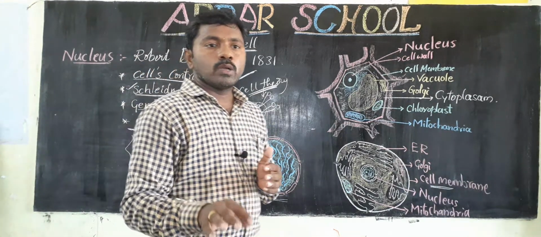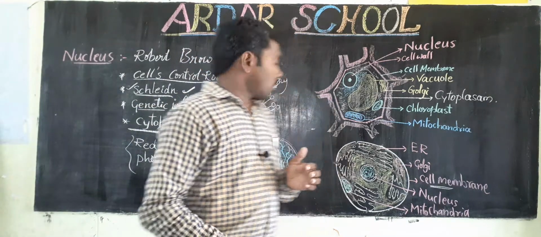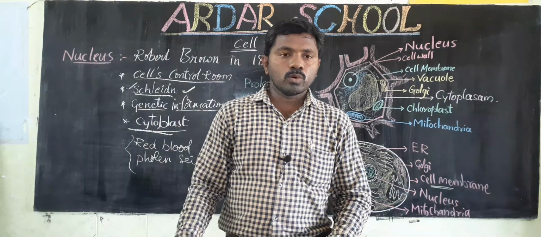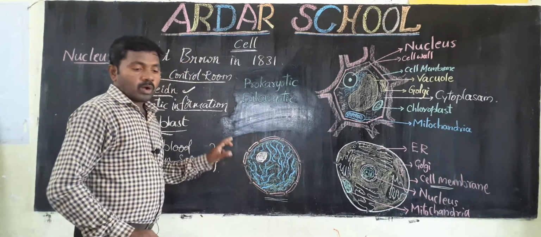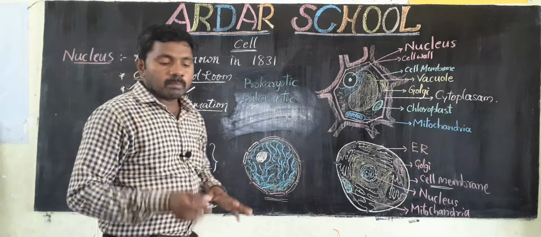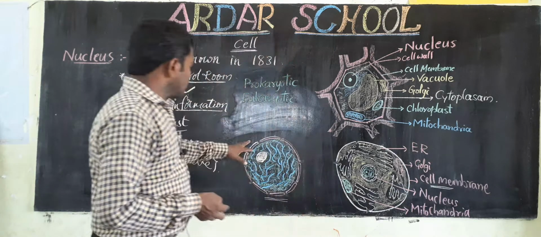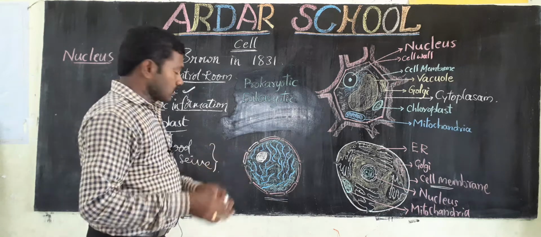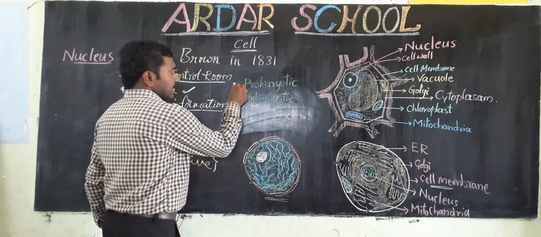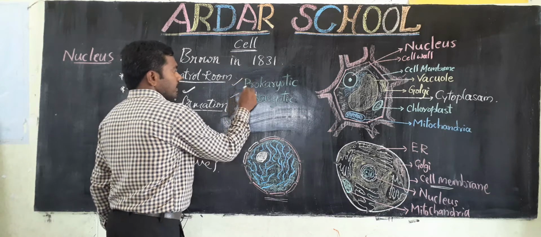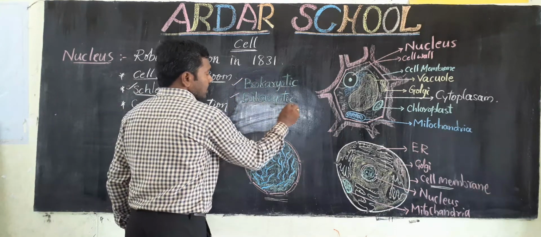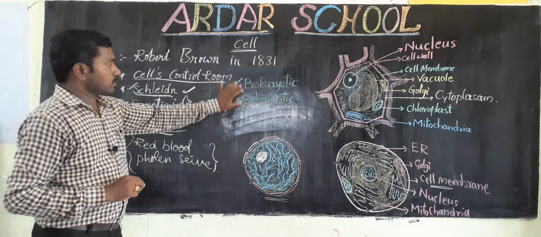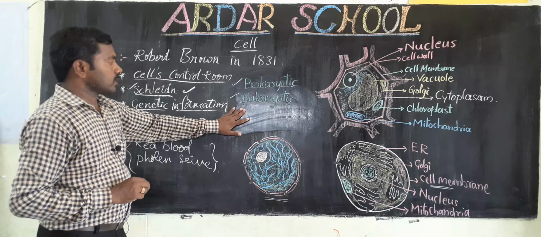On the basis of presence or absence of the nucleus, one is the prokaryotic cell, the second is the eukaryotic cell.